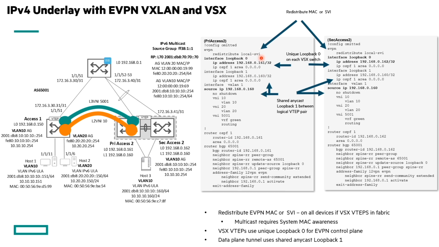So when we do have VSX within the fabric, all switches within the fabric that have VTEPs on them must have either the local SVI redistribute or the redistribute local MAC. It depends: if you're using layer 2 only, we use the MAC.